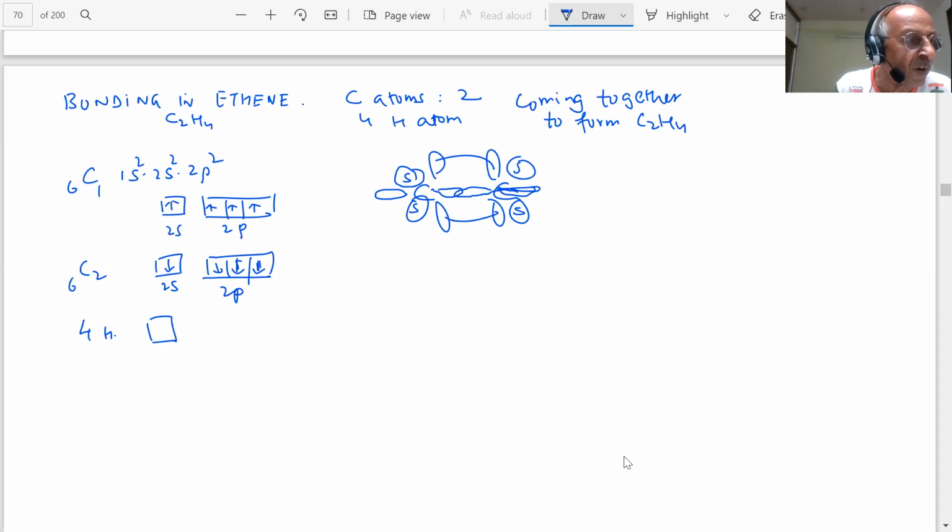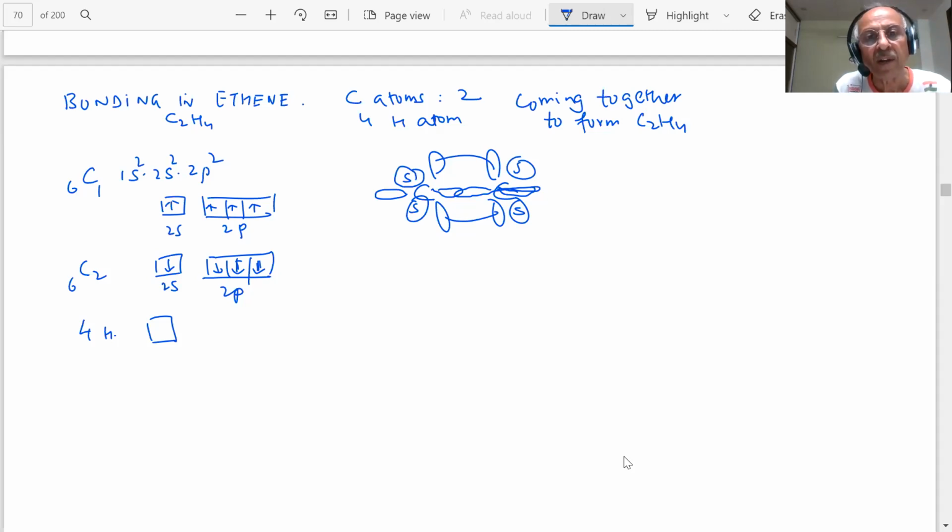So there are four orbitals, one s and three p, in the outer shell. Only three orbitals are used in bonding to the other carbon and two hydrogen atoms. So there is a p orbital containing one electron remaining on each carbon.